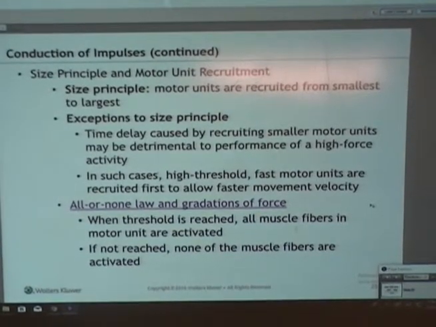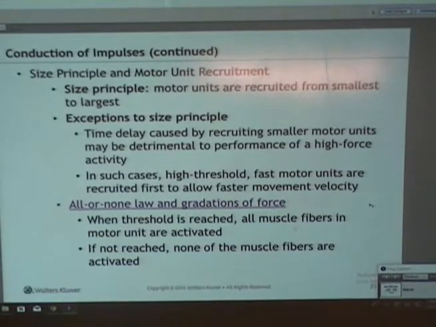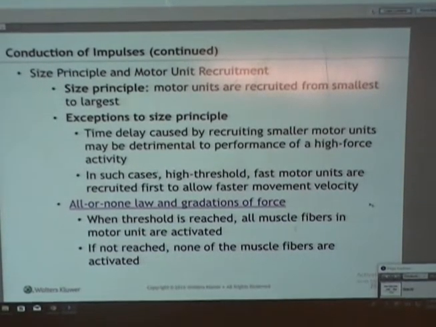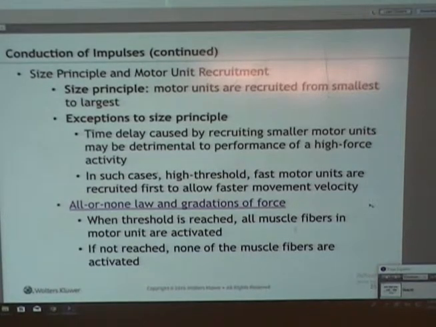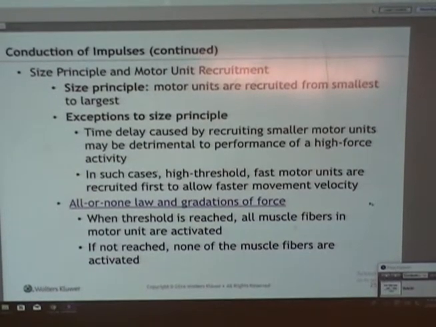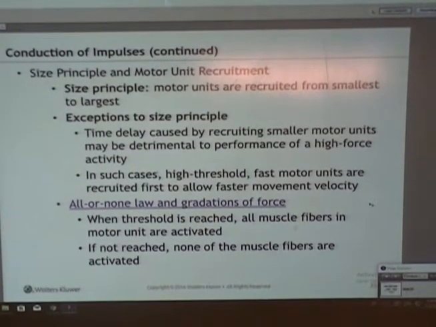So they need the least amount of stimulation to turn them on. And it just so happens that the easiest to turn on also happen to be the most fatigue resistant. So I turn on the muscle fibers that aren't likely to get tired very quickly.